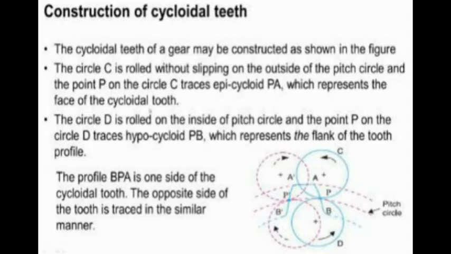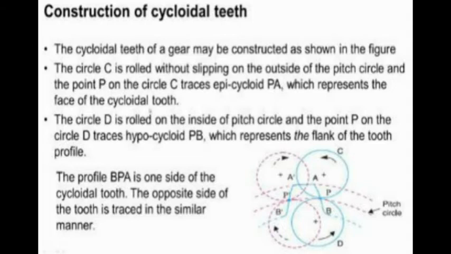The point P on the circle D traces the hypocycloid PB. When it rolls in this direction, the point P traces this path PB, which represents the flank of the tooth profile. In this figure you can understand what is the face of the tooth and what is the flank of the tooth.